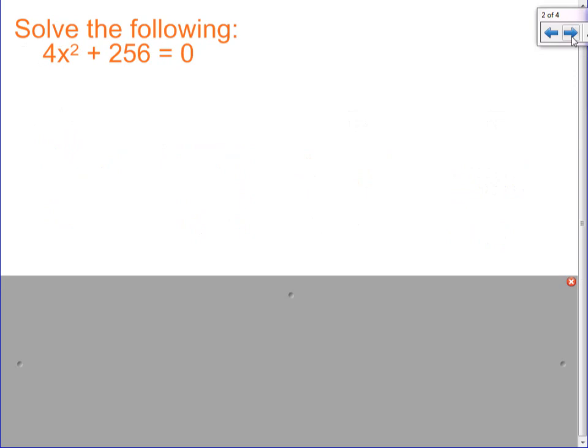All right, so if we were asked to solve this and get x by itself, what would we do? Subtract 256. And then what?